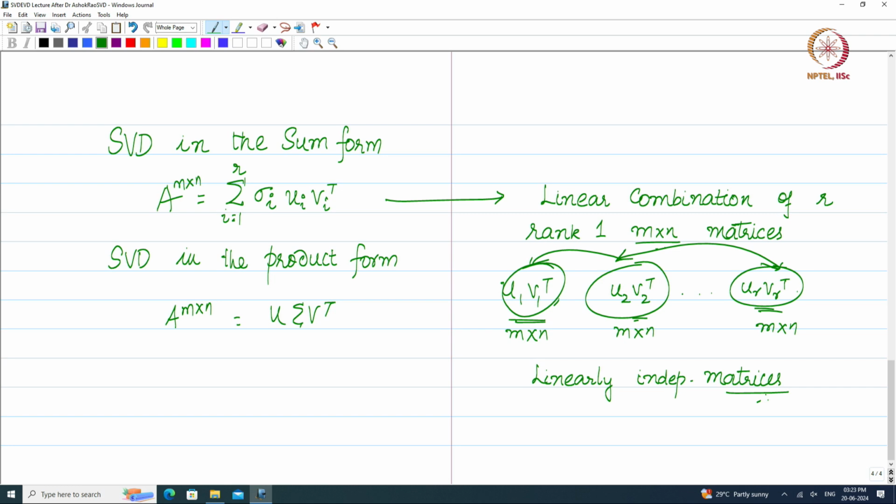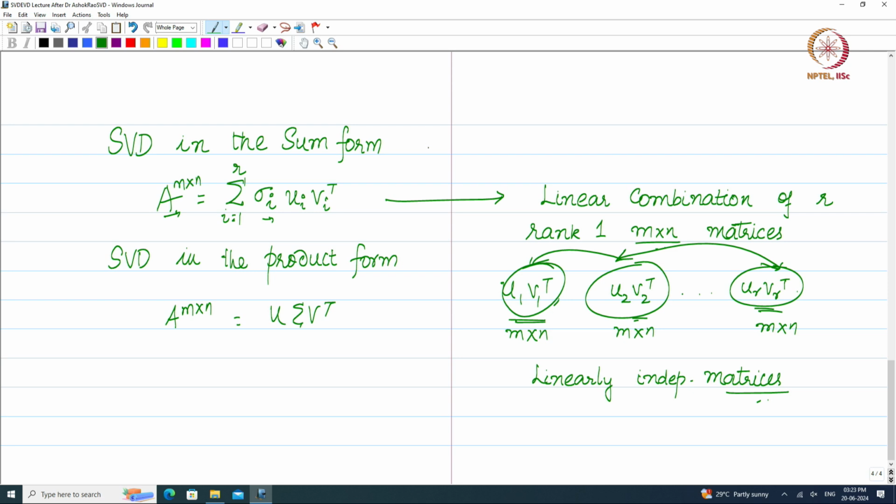The moment we say linearly independent matrices, we can take these matrices to be the basis for the rectangular matrices of dimension m by n. If you keep changing the values of sigma i, the singular values, the matrix A is going to change. That is another way to look at it.